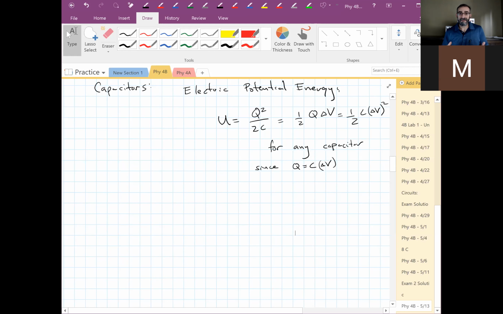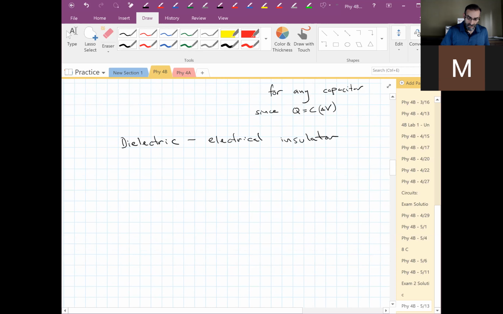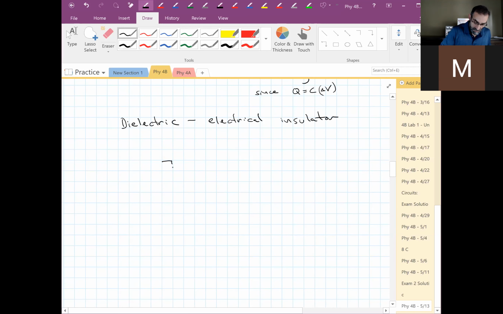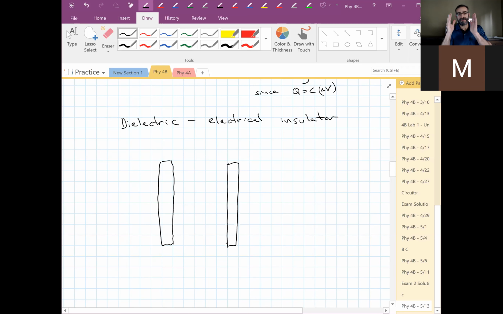So, dielectrics. Dielectric is just a fancy word for electrical insulator. So, our capacitor up till now, we've just had our two metal plates.